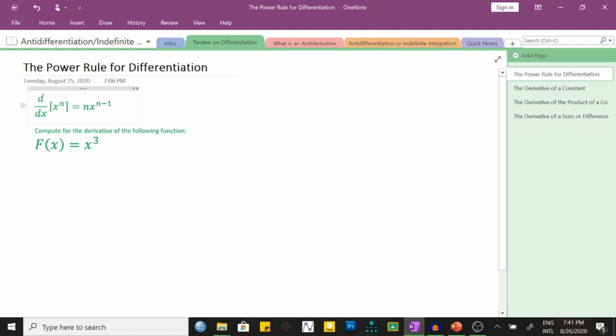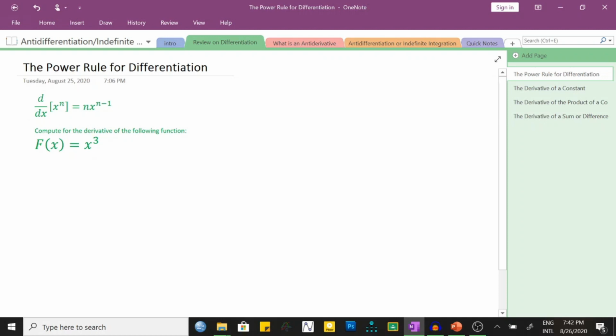So we are trying to solve for the derivative of anything that looks like this, x raised to n. According to our rule, we simply bring down that number n, the exponent, the power, and make it a coefficient, and then subtract 1 from that power. That's why it's n minus 1.